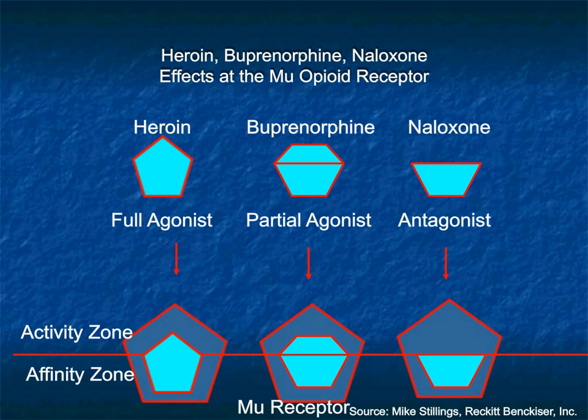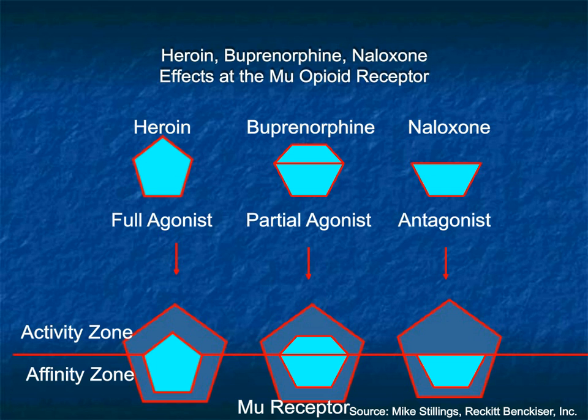Some basic terminology when we talk about opioid receptors or any receptors has to do with agonism, partial agonism, and antagonism. To understand that briefly, a receptor has what you can see on the bottom, the affinity zone. In other words, is it a substance that will fit in? Affinity means it likes it, and so it has to fit.